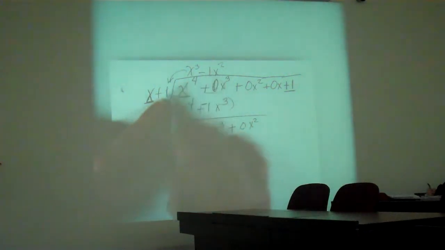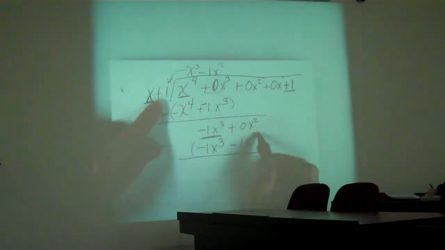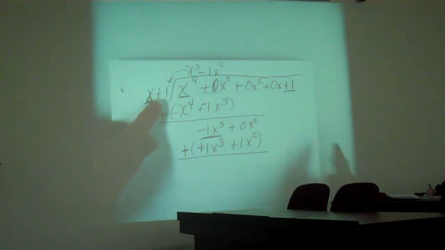Negative 1 x squared times 1 is negative 1 x squared. So we did need that term, see? In parentheses, because we're subtracting, we're going to add the opposite. This cancels. 0 plus 1, 1x squared.